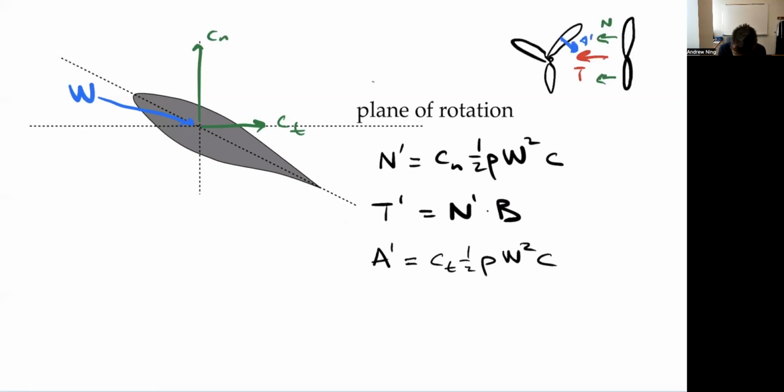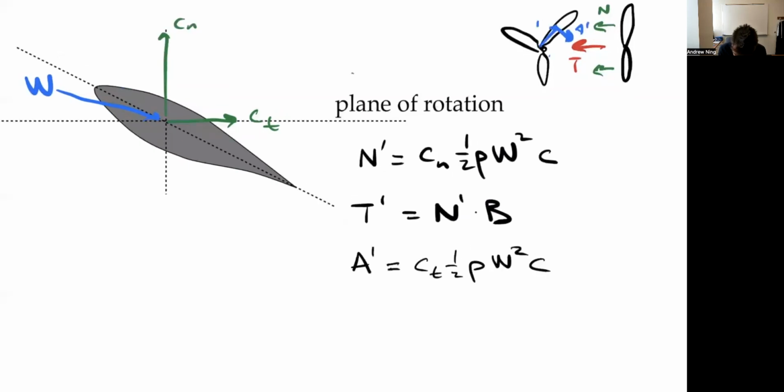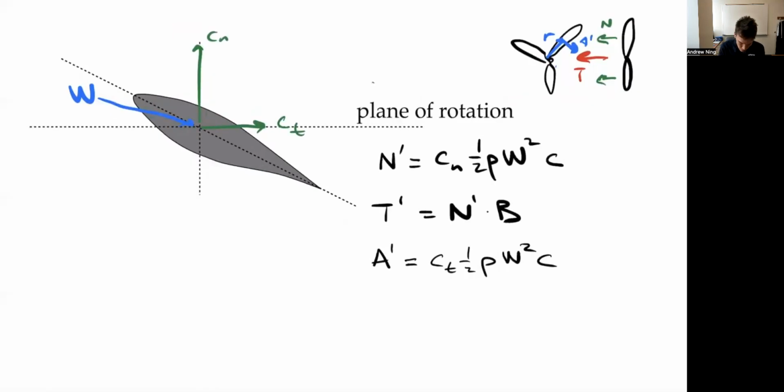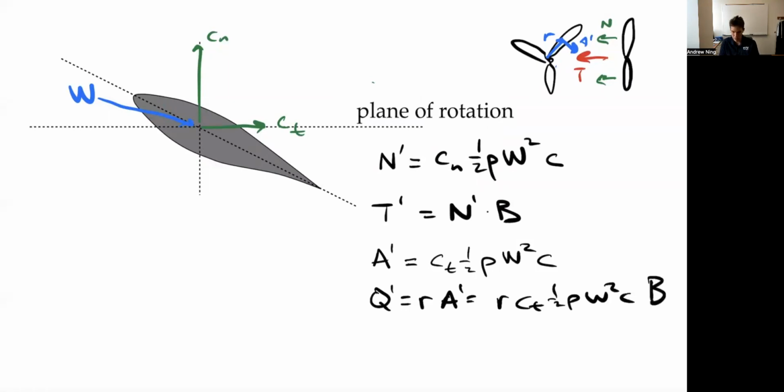So the torque that I experience is going to be R cross F, right? So the torque is R times A, or in other words, it's R times Ct times 1/2 rho W squared times c. That's the torque for one blade, and then again, I need to multiply by the number of blades. So I have to multiply by B again. That gives me an expression for thrust and an expression for torque. I'm going to write them again a little more cleanly here.